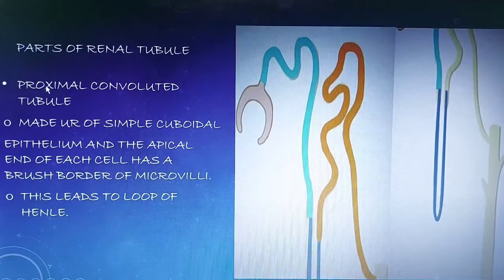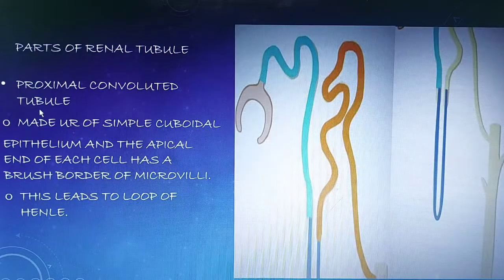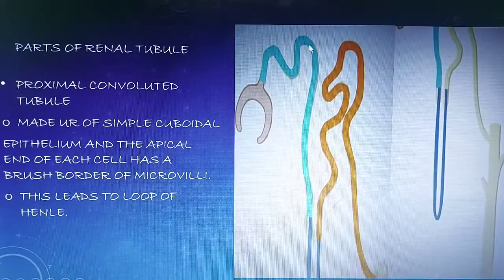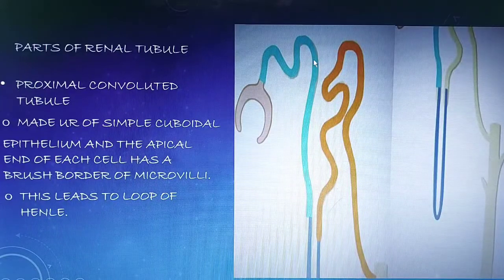First comes the proximal convoluted tubule, otherwise known as PCT. This part in light blue is the proximal convoluted tubule. It is made of simple cuboidal epithelium, and the apical end of each cell has a brush border of microvilli.